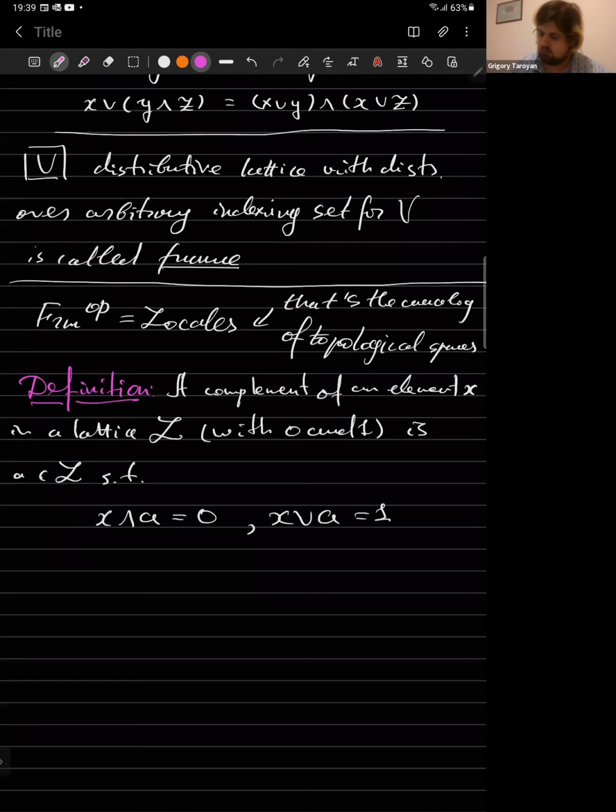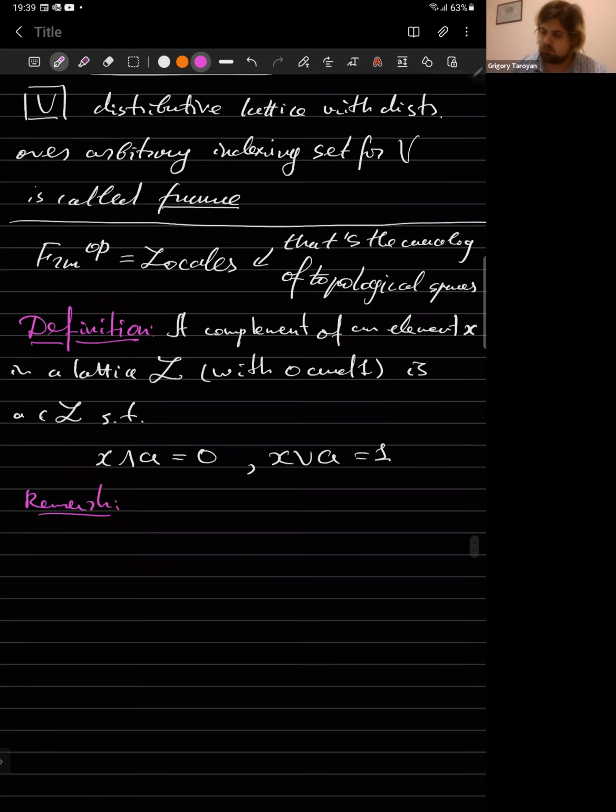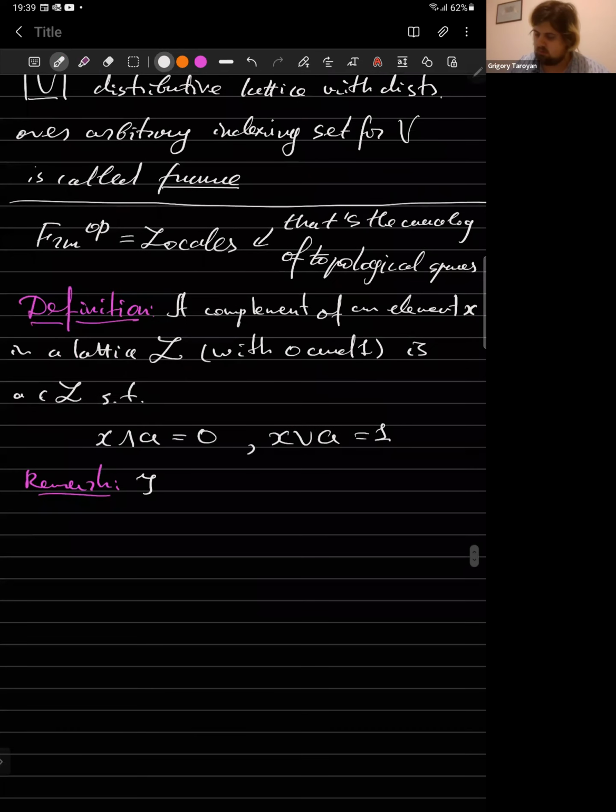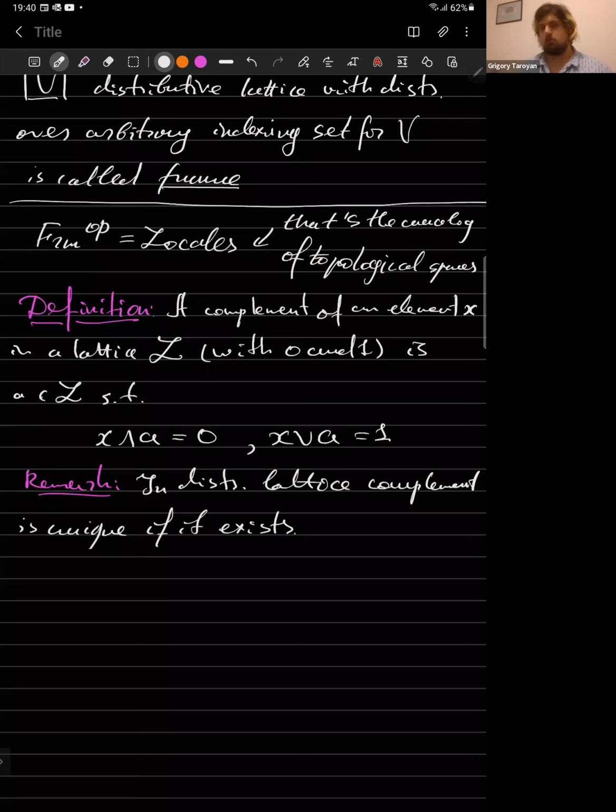So let me remark that in a distributive lattice the complement is unique. Note that the existence of the complement is not necessarily true.